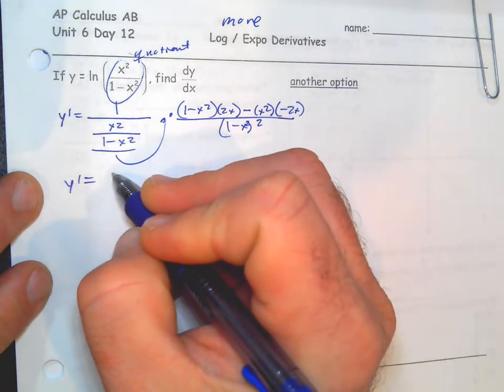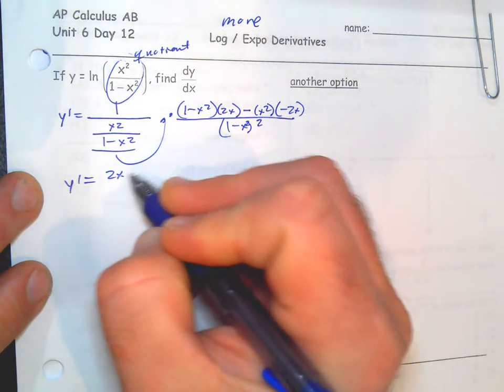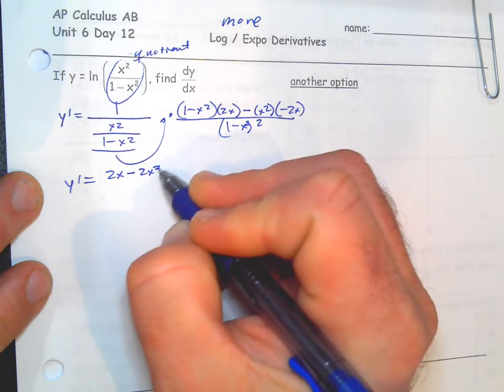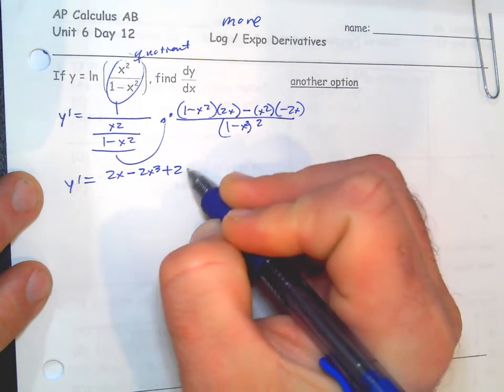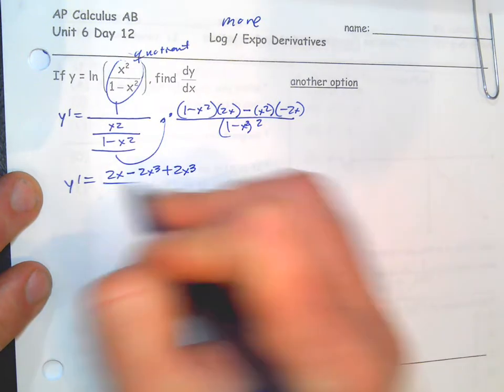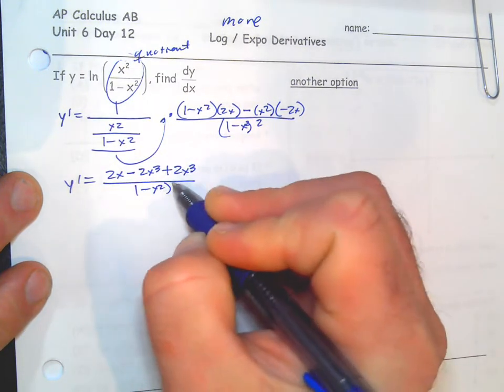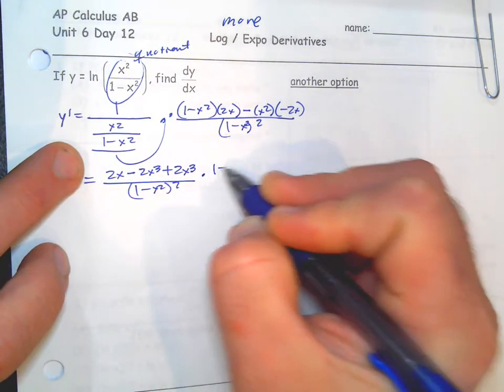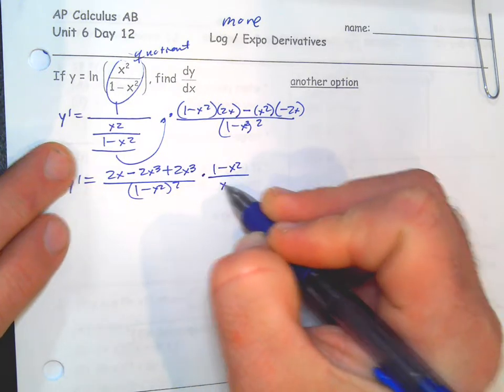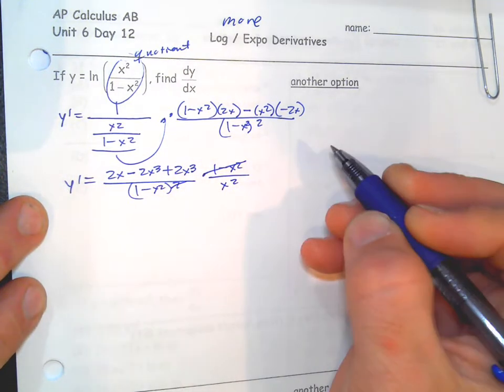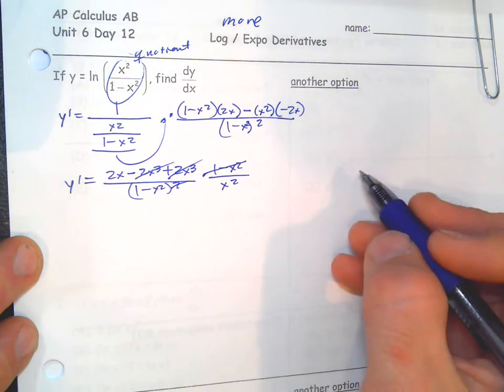So this is going to be 2x minus 2x cubed plus 2x cubed over 1 minus x squared times the reciprocal of this, 1 minus x squared over x squared. So those cancel. These guys cancel each other out.